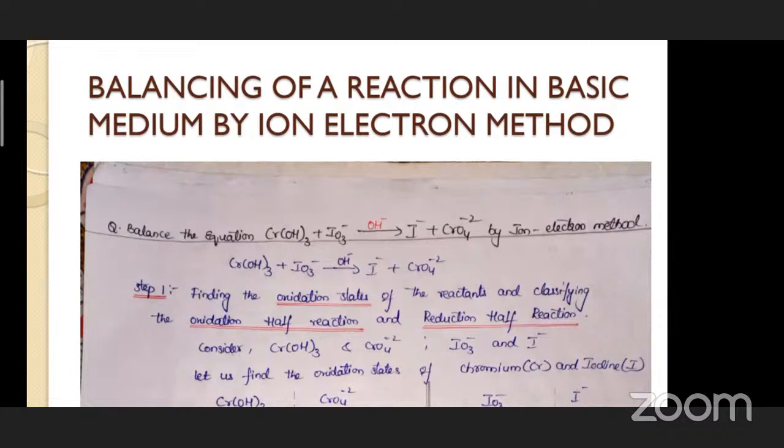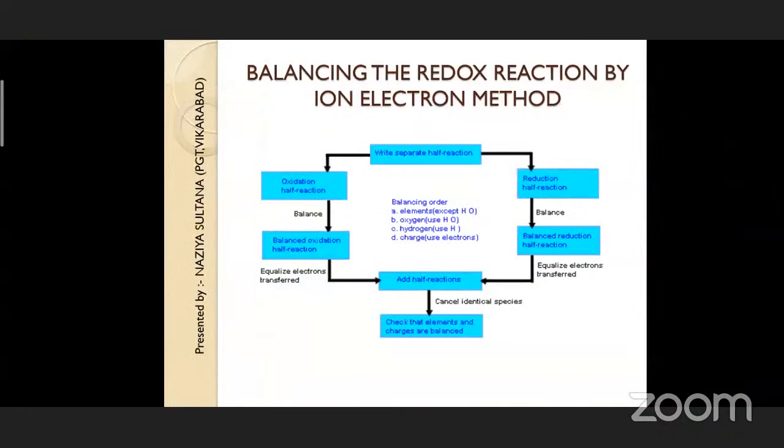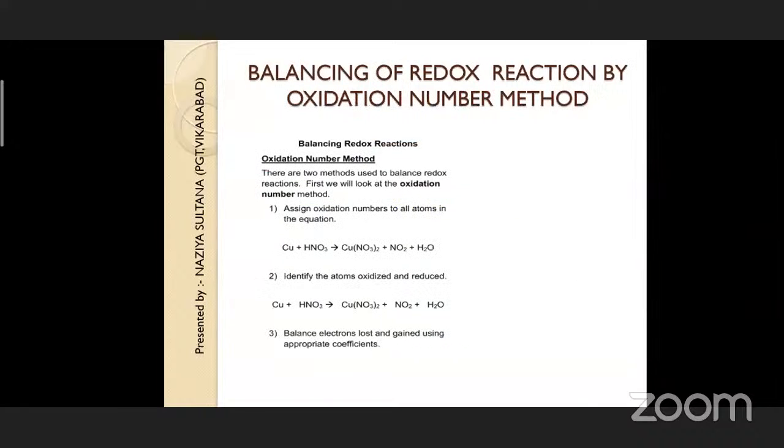There are two methods of balancing the reactions: the ion electron method and the oxidation number method. Yesterday we already discussed them. Let us have a quick review.